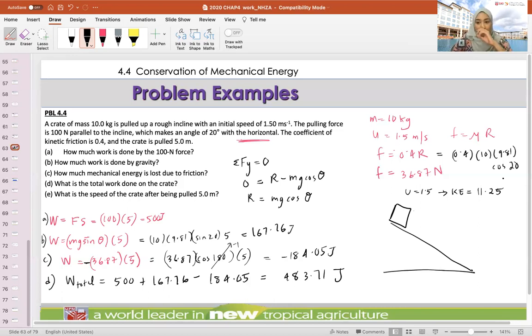Yes, KE is 11.25. We know that this is 20 degrees. So this is 5 meters. It will stop around here. This is 5. Can I know what is the height that this guy traveled? Is it possible for me?